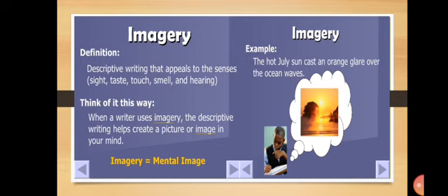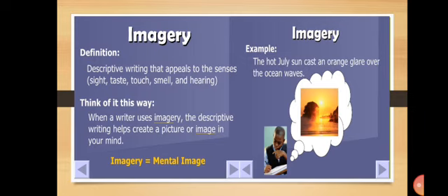For example, if he says that the food was very spicy, so you will get a taste of how spicy the food will be, right? That is also imagery. If he is describing sunset in front of your eyes, you will get an image of sunset.